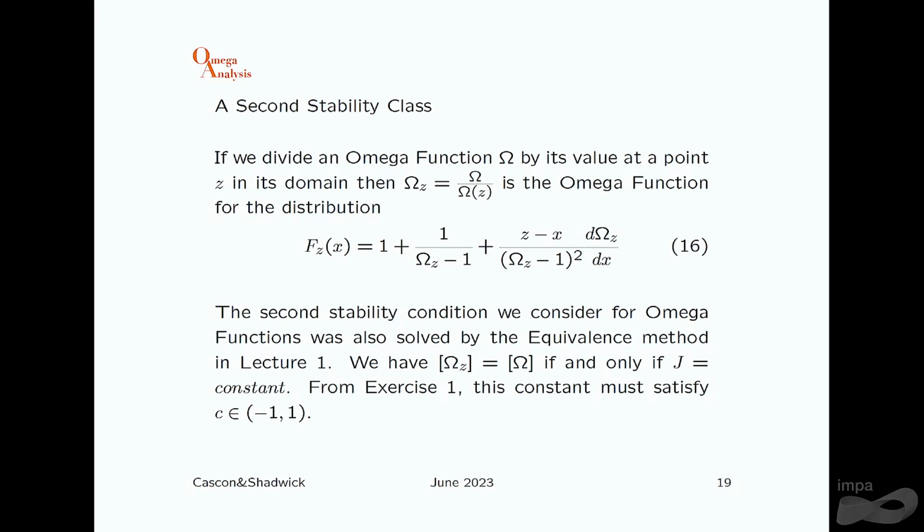But if z is not equal to the mean, then there's a new omega function. And we can invert it through the inverse formula, where this time we have to take into account the fact that the mean has changed, but we know what it is, it's z.